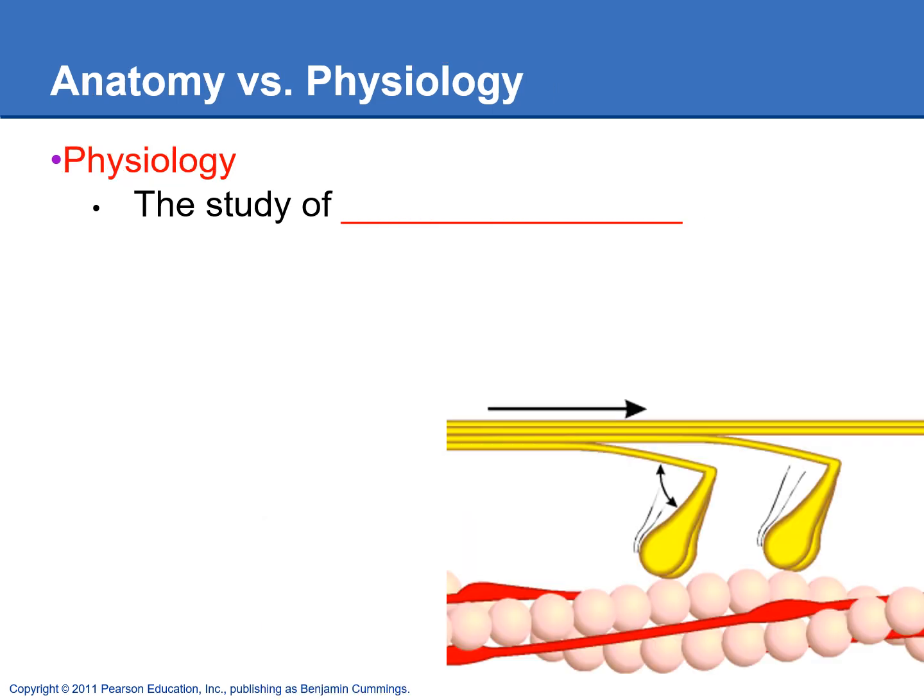Physiology is really different from anatomy because we're studying the function of the body. So anatomy, you're looking at, well, where's the biceps muscle located?